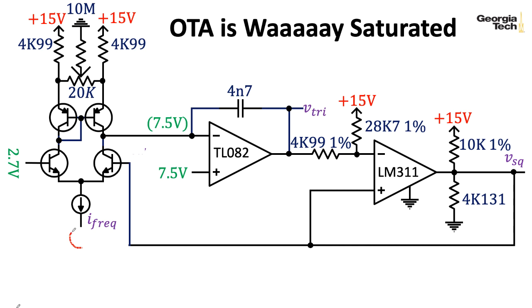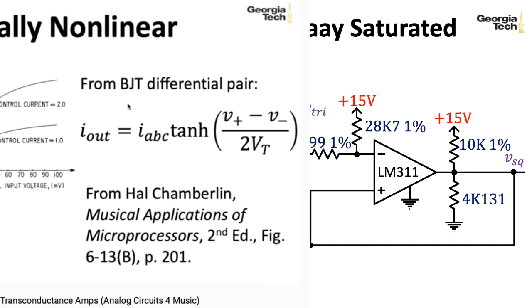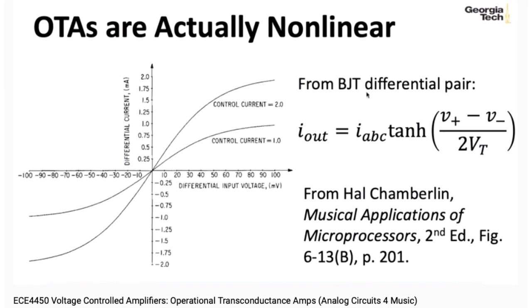Also, those fancier OTAs typically had a current mirror down here at the current bias input. So things like the 3080 and the 13700 have a current that flows into the OTA, but the simple one we've drawn here has a current flowing out of the OTA. So in this case, let's think about the current flowing out of the capacitor in the integrator loop as being I subscript SW with the current arrow pointing left. Now, if you think back to that lecture about OTAs, remember OTAs have a hyperbolic tangent nonlinearity.